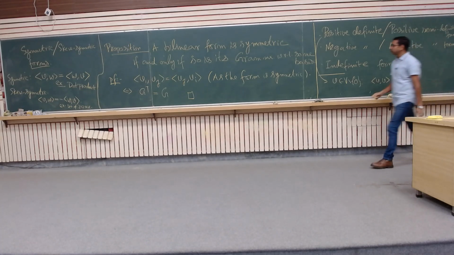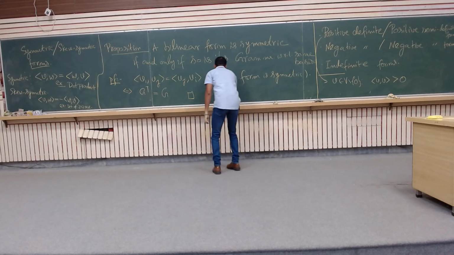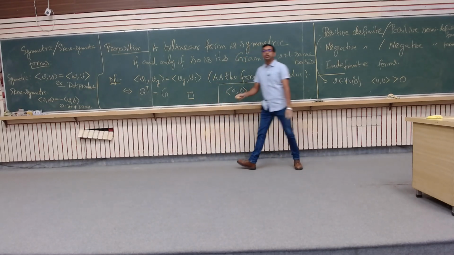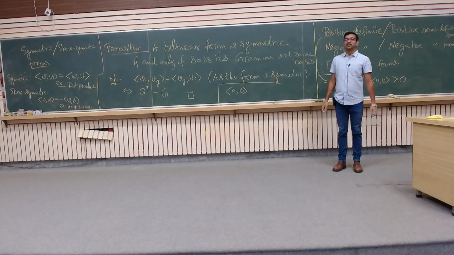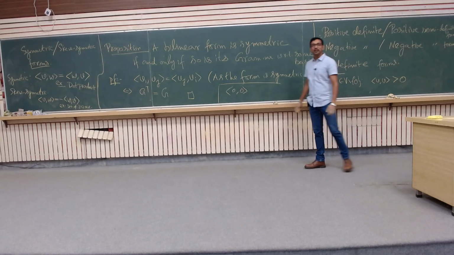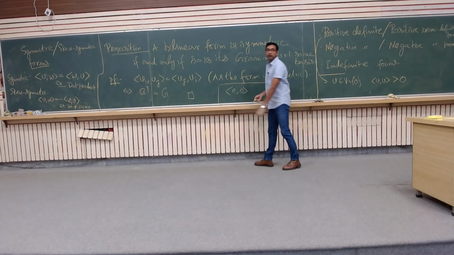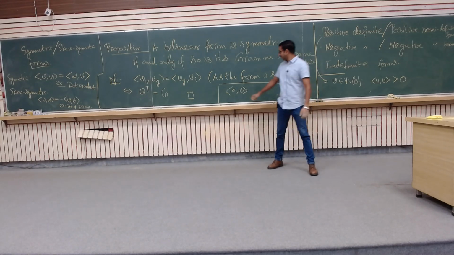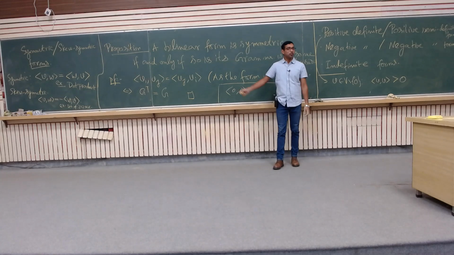By the way, can you tell me what is ⟨0, 0⟩ for any bilinear form? Why? Yes, you can represent the coordinates, but just from bilinearity, you don't even have to go to a basis.